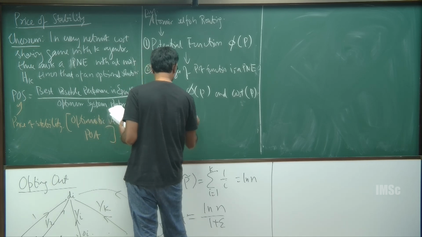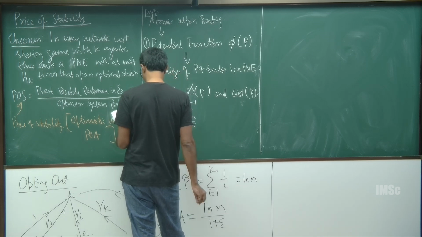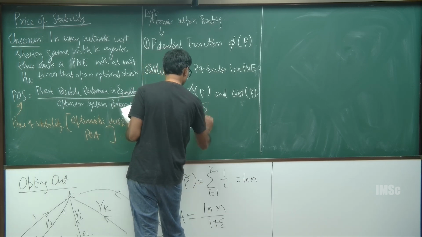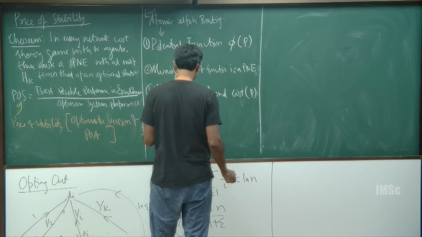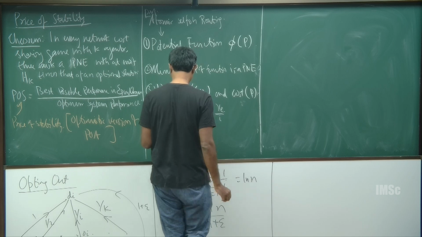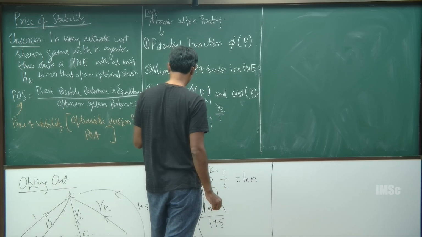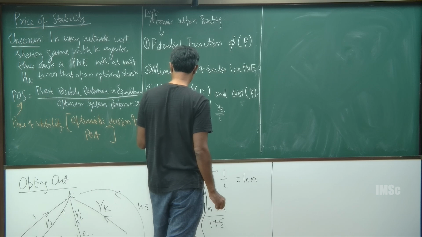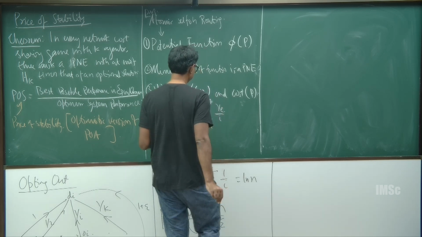Phi of p is the summation over e, summation i equal to 1 to k. No, this is not what they do. F e.